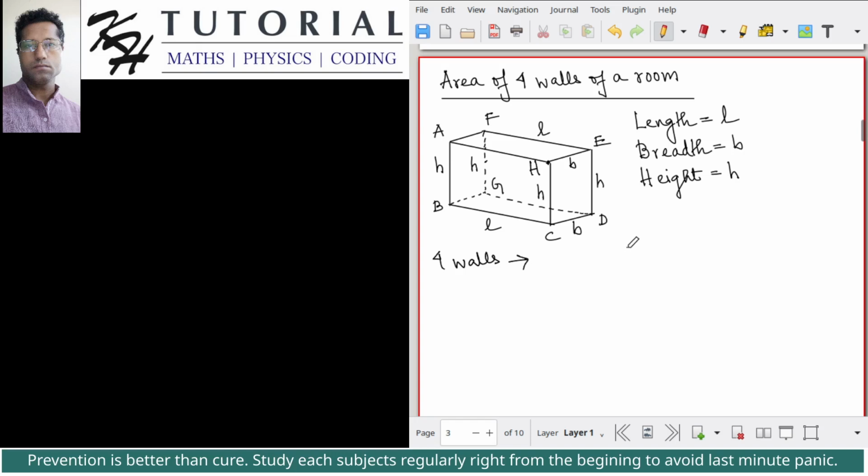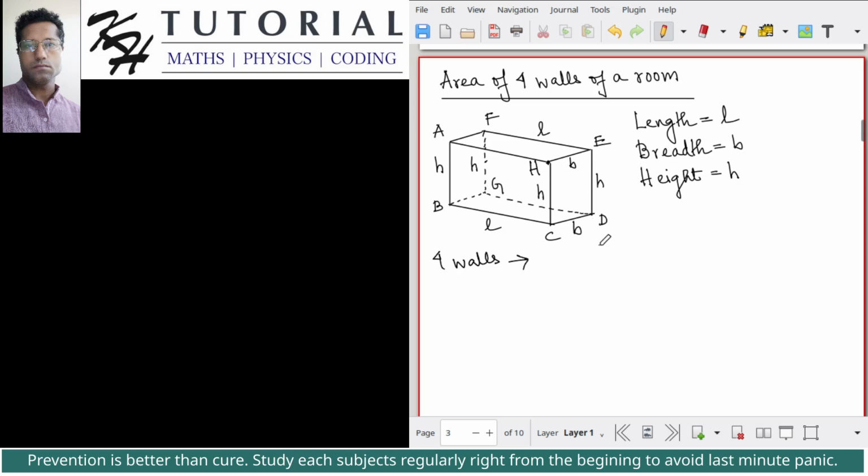It is basically a cuboid. It has six faces, but four of the faces are considered the walls of the room.